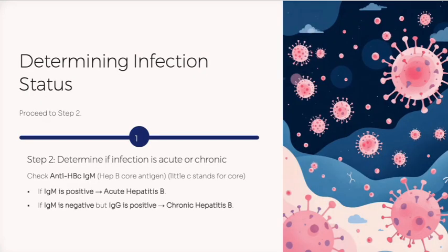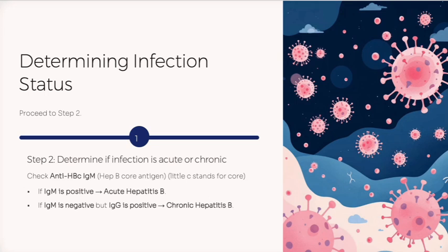Step two. If the HBsAg is positive, the next thing to look for is whether it is associated with IgM positive or IgG positive. Anti-HBc IgM is the hepatitis B core antibody. Little c stands for the core.